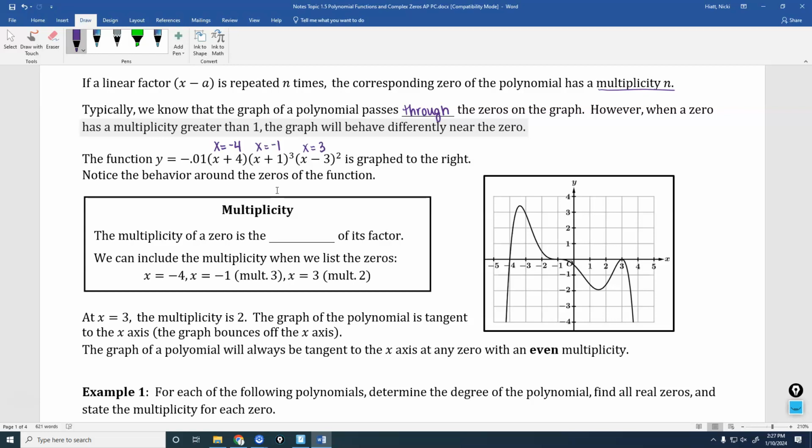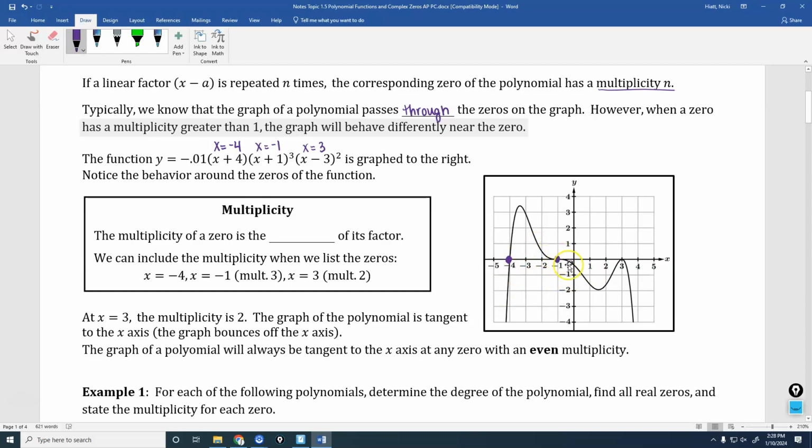So if we look at each one of those points, at negative 4 right here, we do in fact cross the x-axis, just as we would expect. If we look at negative 1, we do cross the x-axis, but you'll notice here that you kind of have a squiggle in the graph there. In fact, if we knew a little more, we could call that a point of inflection for sure.